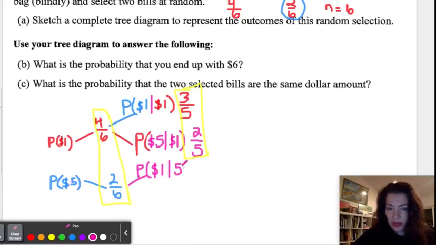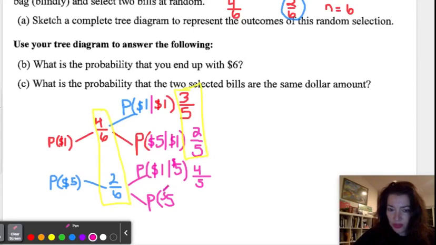So right here, we already picked $5. What would that be? Well, if we already picked $5, then that means I would have 1 less again for my total sample size. So it would be out of 5. But since we picked $5, and now I'm picking $1 for the first time, it would be 4 out of 5. All right, the next and the last one is what would be the probability of picking $5?